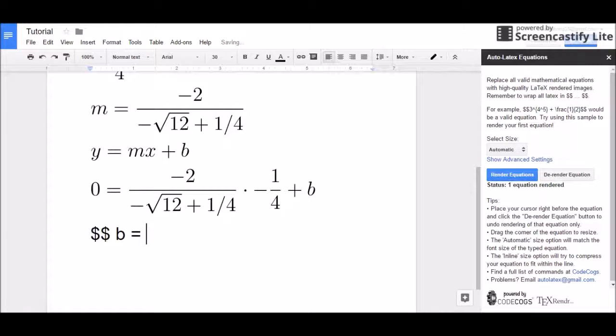It's not as bad as I thought, because negative 2 times 1 is negative 2, and when we multiply 4 across, we get negative 4 times the square root of 12 plus 1, because 4 times 1/4 gives you 1. So we have negative 2 and 4 square root 12 plus 1.